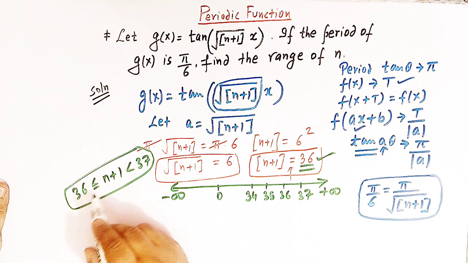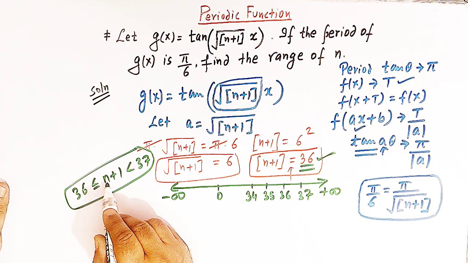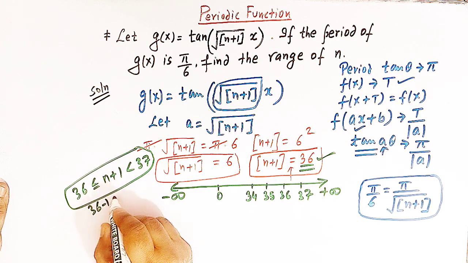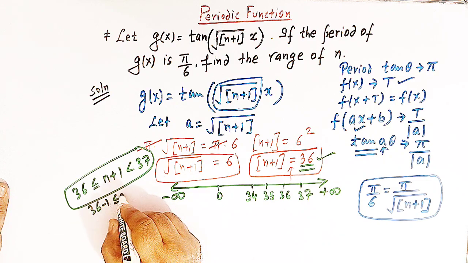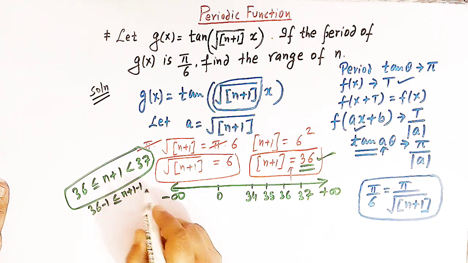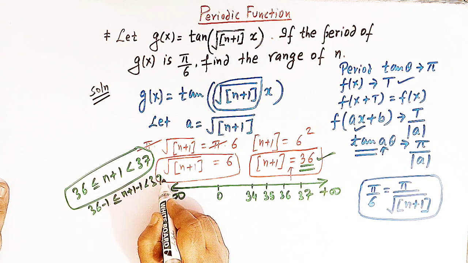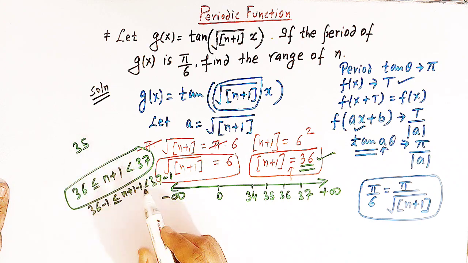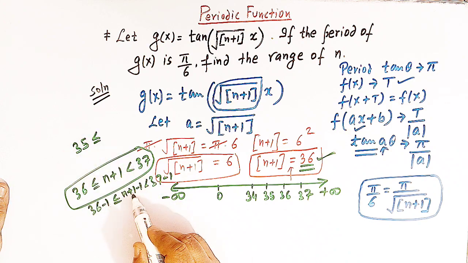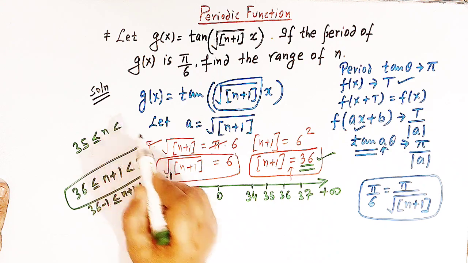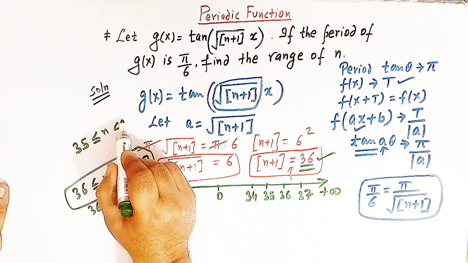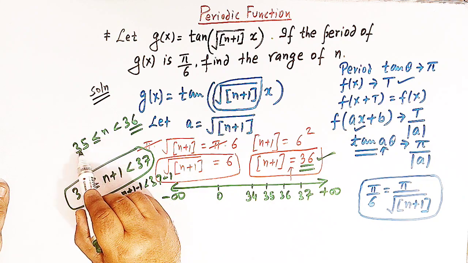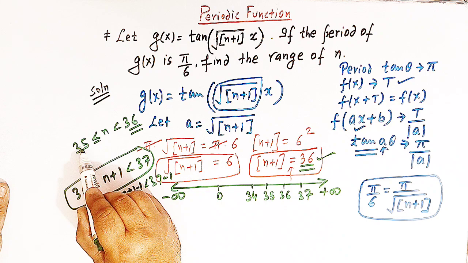Now let us solve this inequality for n. Subtracting 1 throughout, we have 36 minus 1 less than or equal to n plus 1 minus 1, less than 37 minus 1. So 36 minus 1 is 35, here we have simply n, and 37 minus 1 is 36, right? So the range of n is from 35 to 36, including 35.